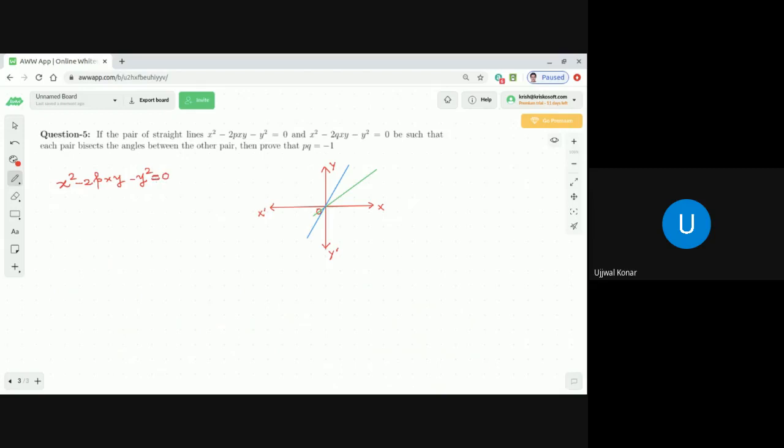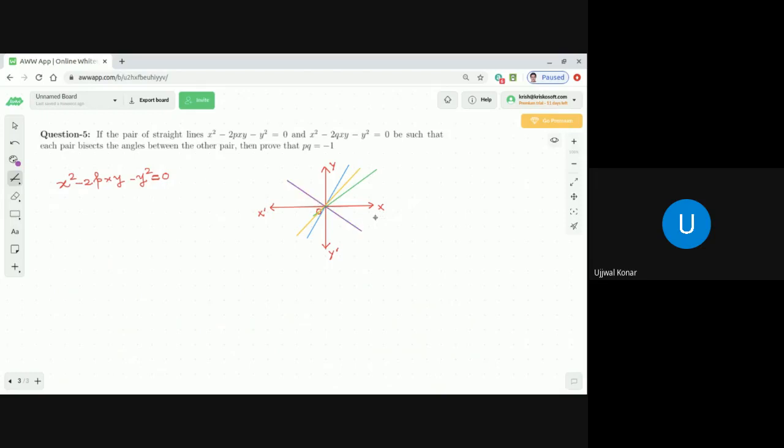And what you need to prove, dear students? We need to prove that the bisectors of this pair of straight lines, the green and blue lines, if we draw the bisectors, one bisector will be something like this, which is an internal angle bisector, and the external angle bisector will be something like this, correct?